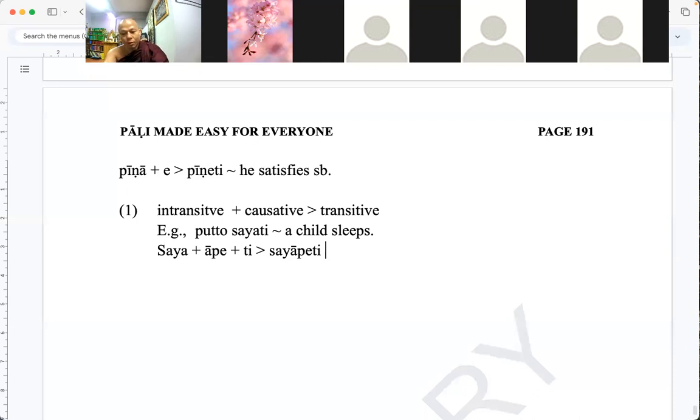Okay. So the example is Mata Buddha sayabiti.